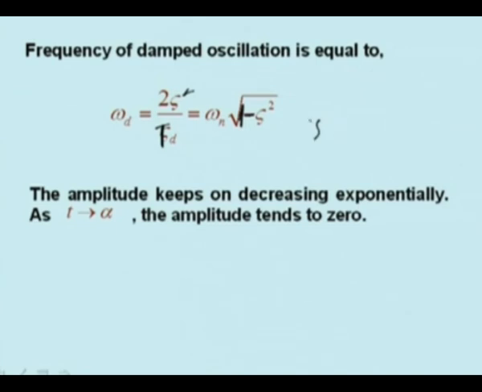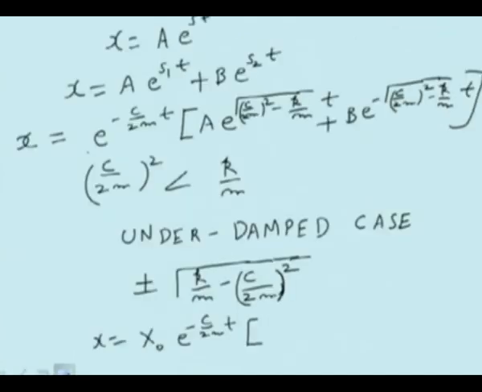So the amplitude keeps on decreasing exponentially, and as t tends to infinity, the amplitude tends to 0. That is how the damped motion will take place.